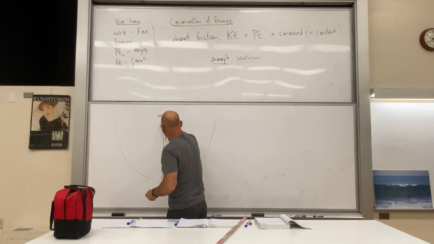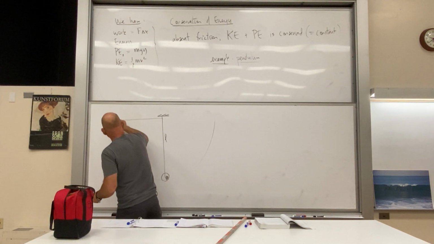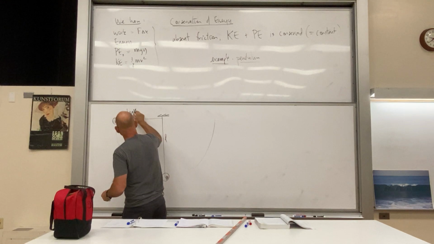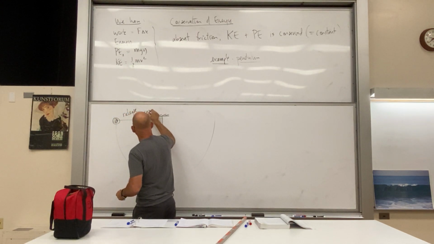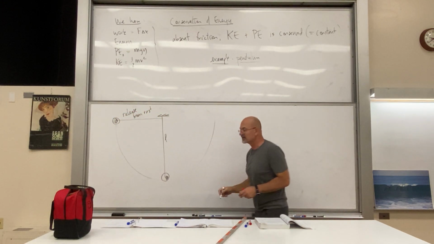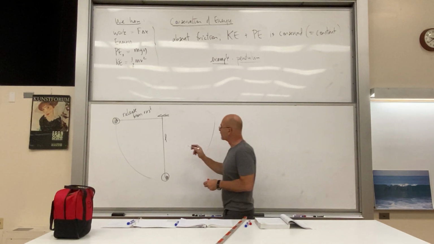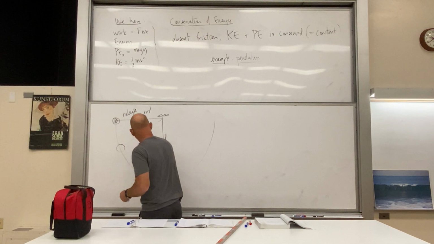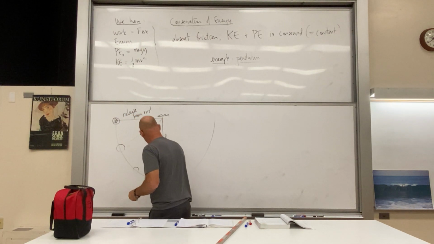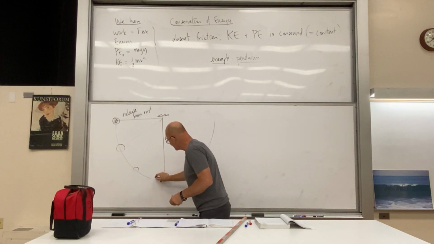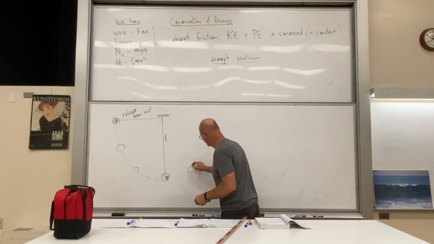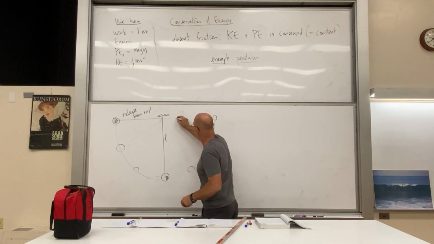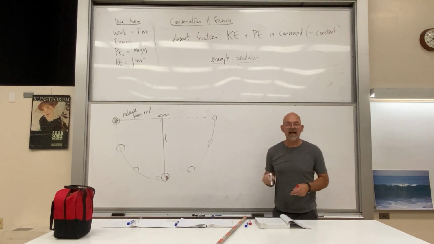So suppose we release it from rest here. Okay, that's a pretty aggressive pendulum. We release it from rest and it's going to pick up speed. Down here it's going to be moving the fastest and then it's going to slow down, and in the ideal case it will reach its original height.